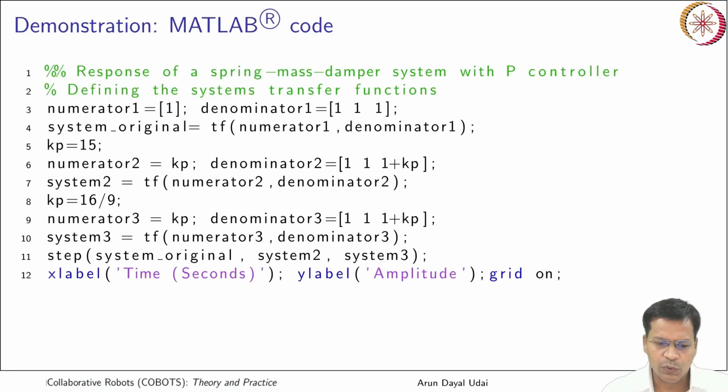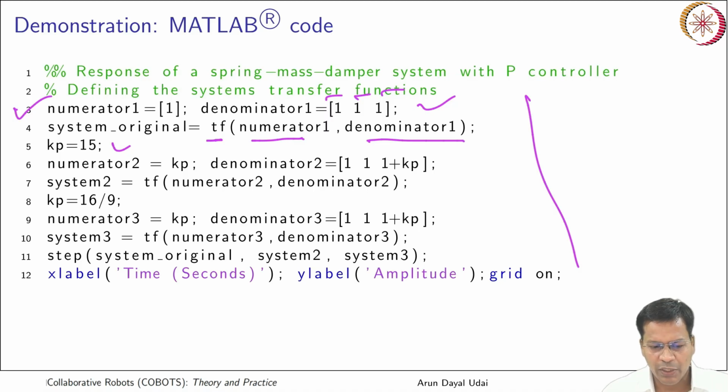In order to do so, I have used this MATLAB code once again. This is a common code. You can just take one of them, change the parameters which are here, and run the same code with different values of kp, kv and all. So this is your numerator, denominator is here, numerator is here.